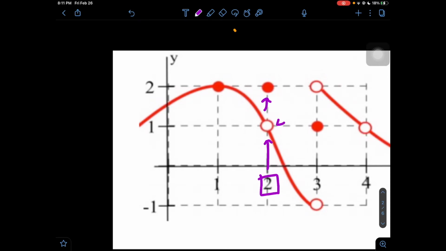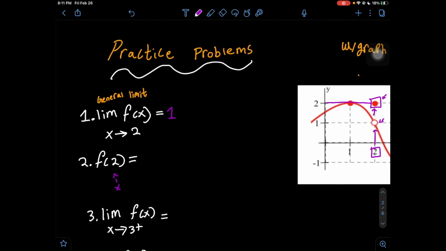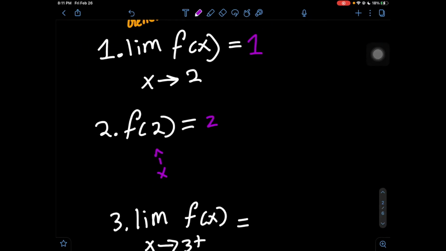Well, if we have a hole, it means it doesn't equal anything. If we have a hole, as we do here, at 2, 1, that means that there is no y value at that point. But we do see a solid dot right here, signifying that this is the y value at x equals 2, and we can see that the y value at this point is 2, meaning that the answer to number 2 is 2.